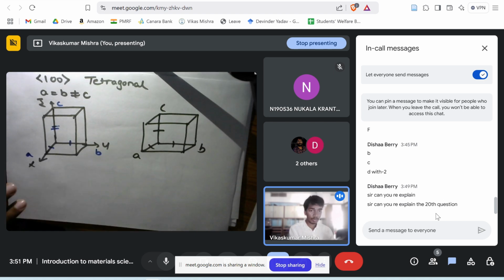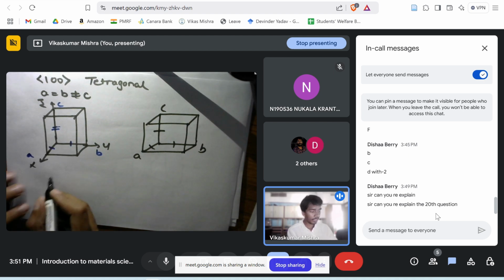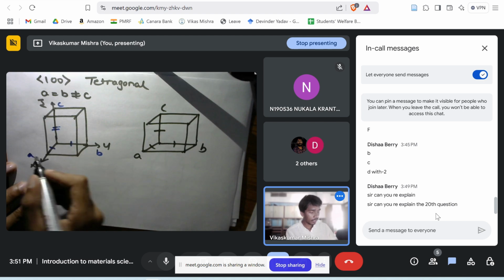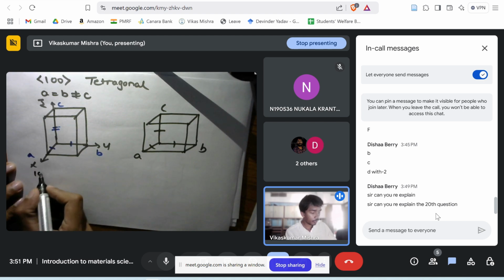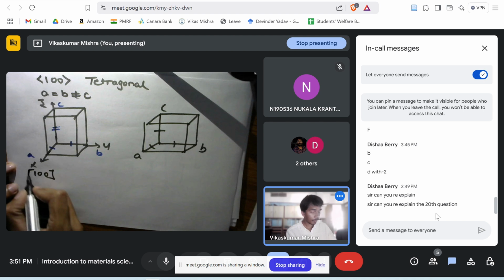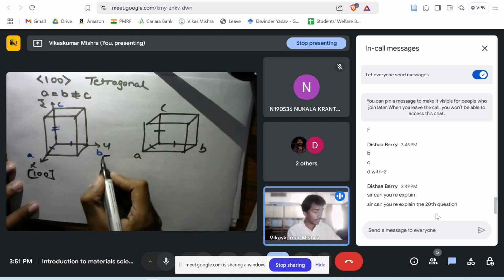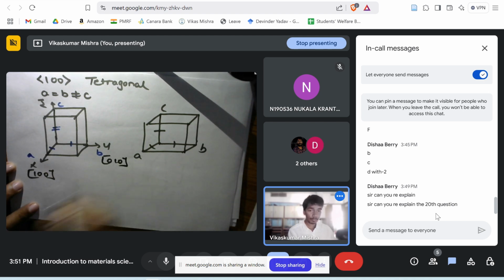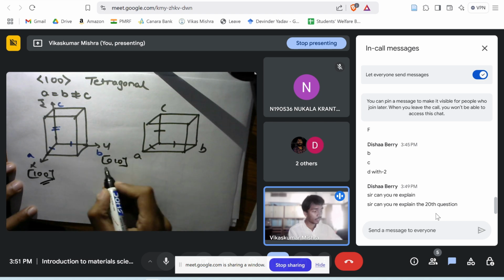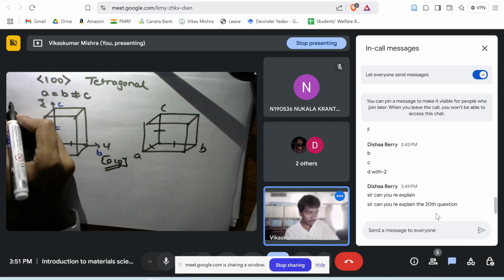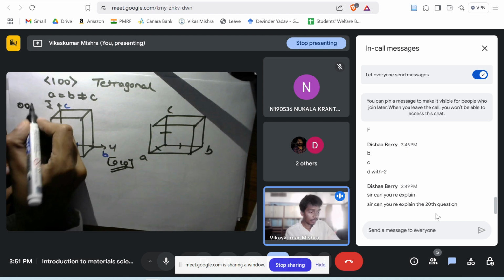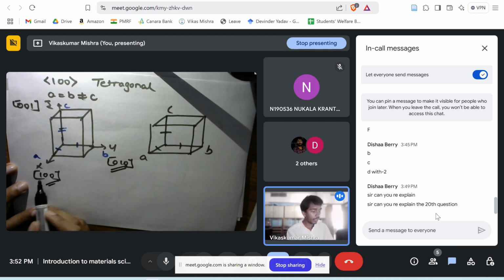But here C is a problem. And so we can say that the direction A is nothing but 100 direction. B is 010 direction. So these directions are equivalent with each other, but C direction, which is 001, is not equivalent with these directions.